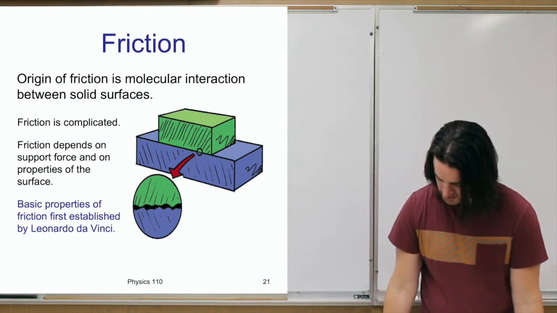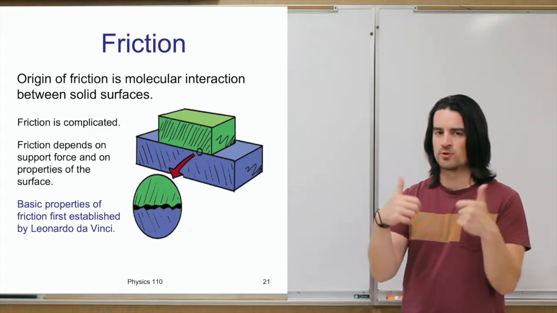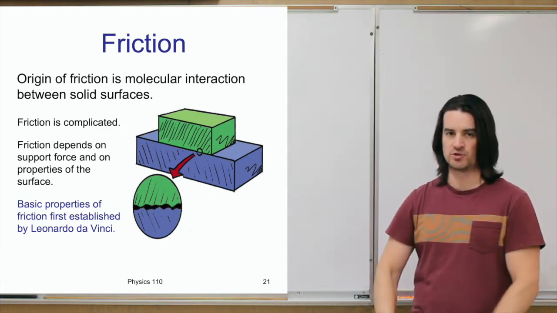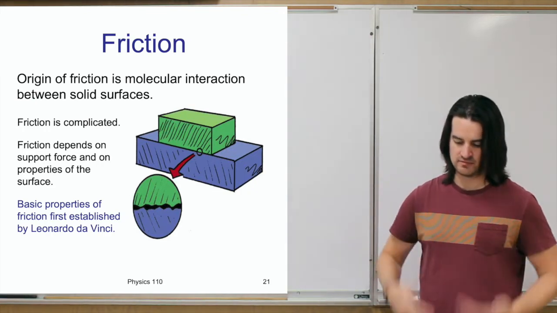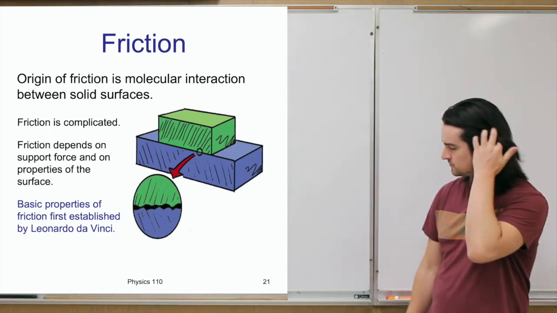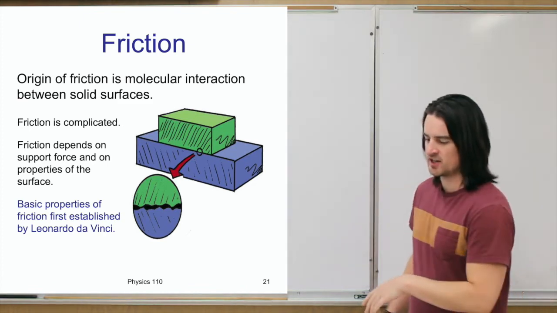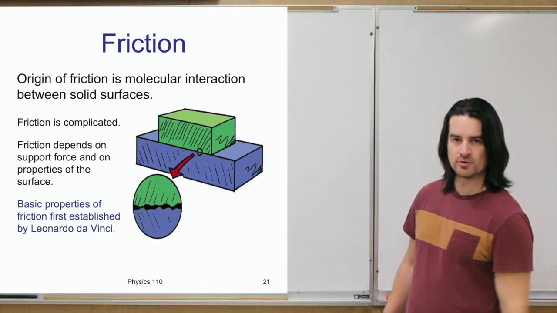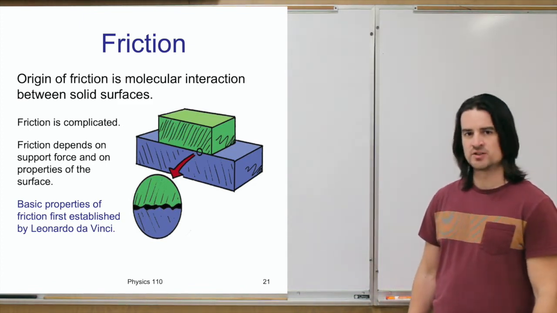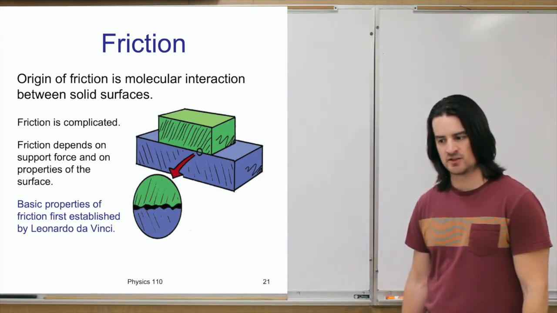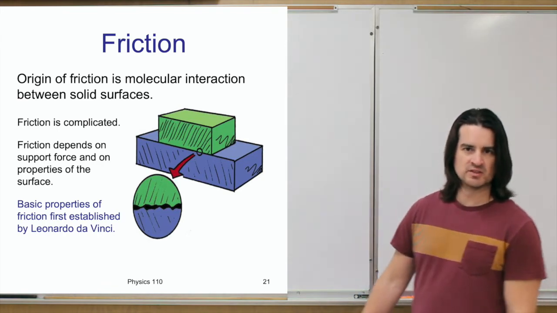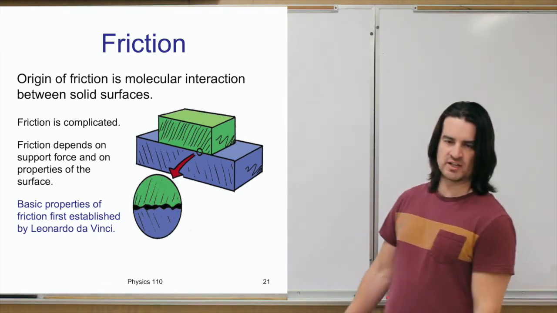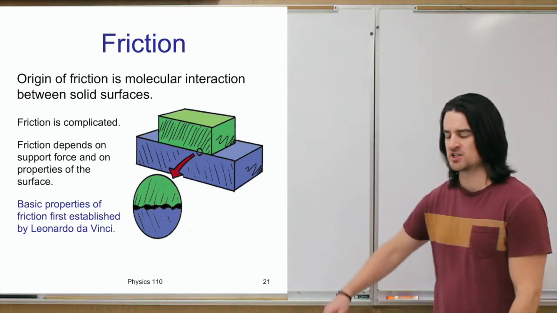If I'm standing here on the ground, remember there's a support force pushing me back up, pushing against my weight in order to keep me on the ground rather than going through the ground. And if I try to slide along the floor, if I don't put much force down on my right foot as I slide, then there's not a whole lot of friction, right? I can feel the friction because it's still pushing in the opposite direction.